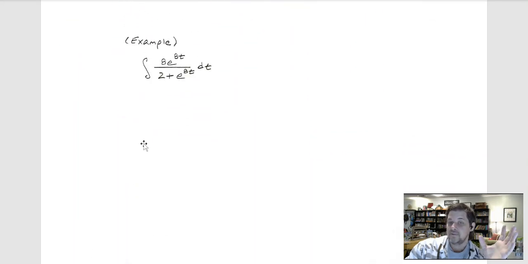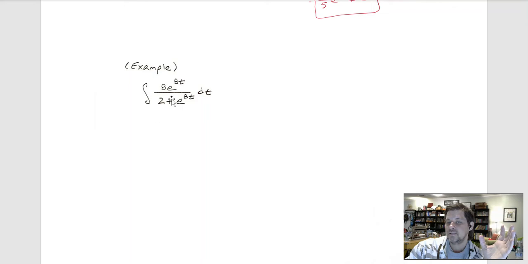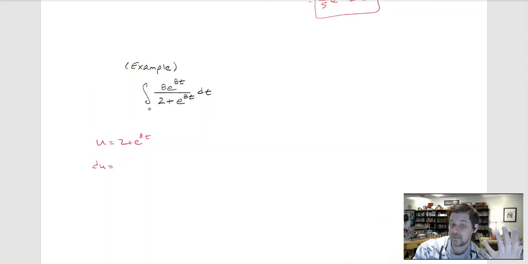And I think that's valuable here, because if I let u be this bottom part, like this, let's see, u equals 2 plus e to the 8t, notice how the derivative of that, the du, is the top part. What's the derivative of 2 plus e to the 8t?